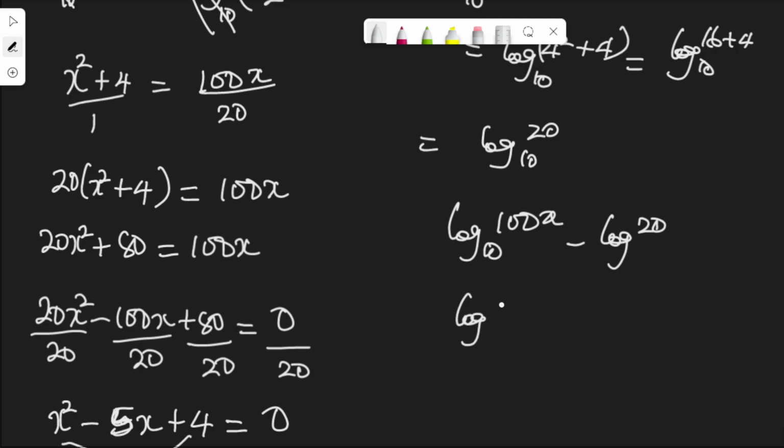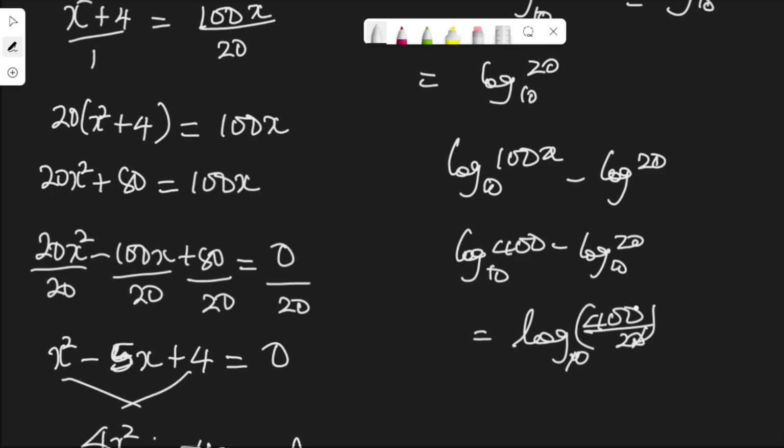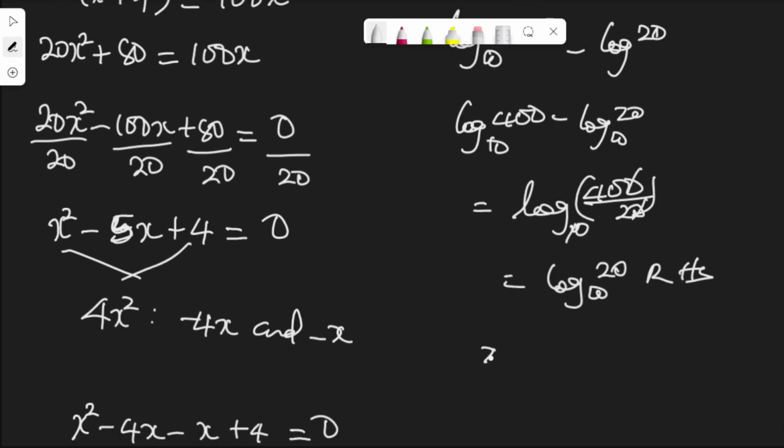So that will be log 400 minus log 20 to base 10, which is log of 400 divided by 20 to base 10. And 400 divided by 20, 40 divided by 2, is 20. So log 20 to base 10. Since the left hand side and the right hand side are the same, that means x equal to 4 is correct.